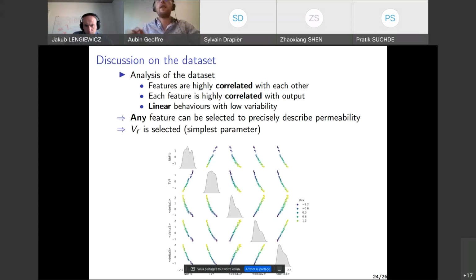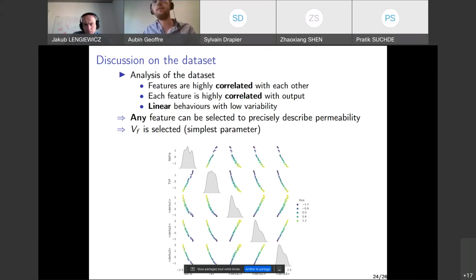Linear behaviors with low variability are observed. So this means that actually any feature can be selected to describe permeability precisely. That's what we did, and we have chosen VF, the most straightforward parameter, to describe permeability.